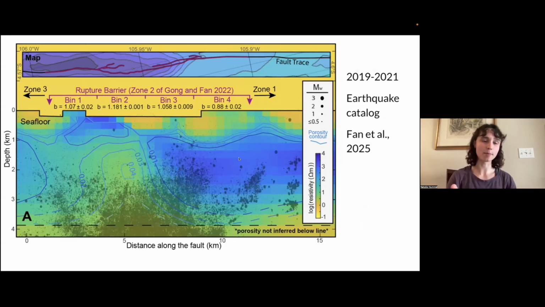Okay, now on top, I've put the earthquake catalog from the 2019 to 2021 OBS deployment focused on the rupture barrier. We can see that there's some heterogeneity both in the conductivity structure within the rupture barrier and in the spatial distribution of microseismicity. So these earthquakes are scaled by magnitude.